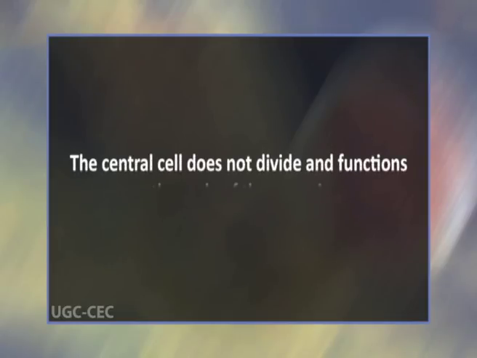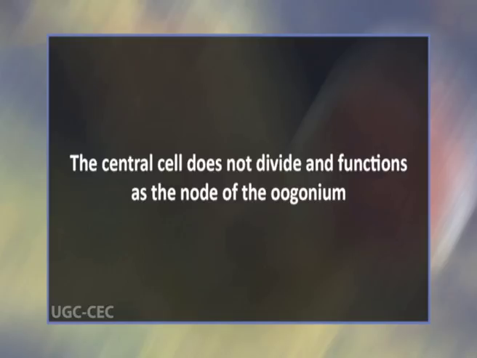The pedicel does not divide further and makes the pedicel of the oogonium. The middle nodal cell, under many vertical divisions, makes 5 sheath cells or peripheral cells, which surround the central cell. The central cell does not divide and functions as the node of the oogonium.